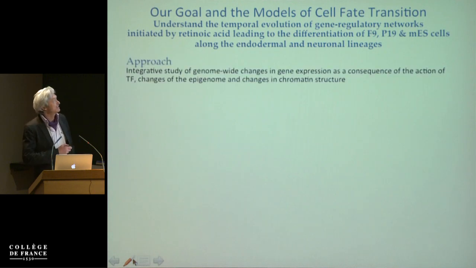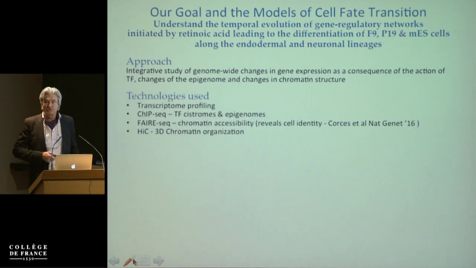So our approach is an integrative study of genome-wide changes in gene expression as a consequence of the action of transcription factors, changes in the epigenome, and changes in chromatin structure. The technologies we use are standard. We use transcription profiling, chromatin immunoprecipitation followed by high-throughput sequencing to identify transcription factor binding sites globally, or the structure of the epigenome.